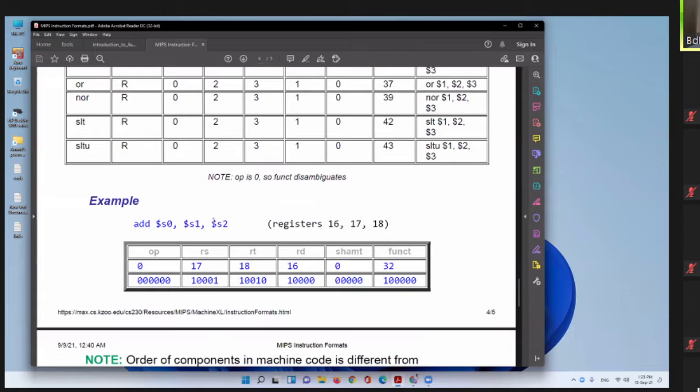Third one is if you think about the R type, and if you think about the formats, first one is the opcode. One source, another source, and another source. That means we have 3 registers here, in different names: one source register, another source register, and the destination register. So we have 3 registers.